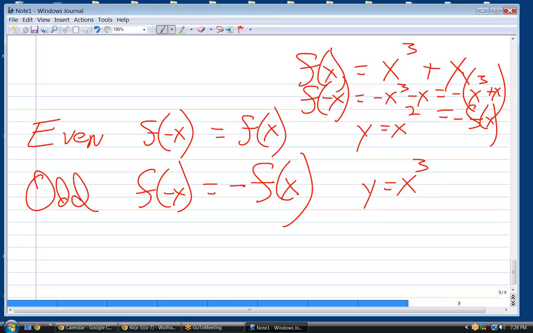So that function would be what? Odd. And if it is neither negative f of x nor f of x, then it is neither. Any other result is neither.